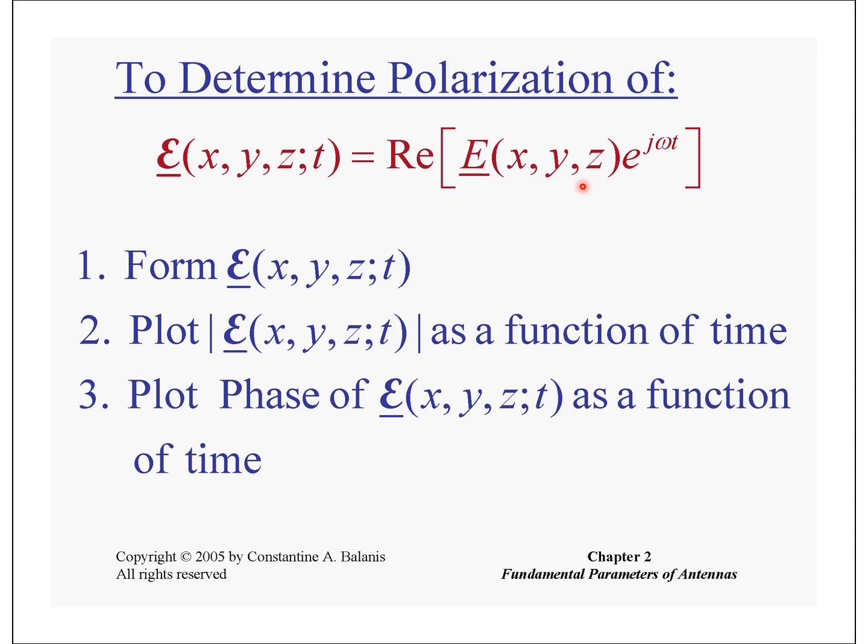If we multiply this phasor electric field with the time factor e^(jωt) and then take the real of it, we convert it into time harmonic form, or you also call it space and time domain format. So first of all we have to convert into E(x,y,z,t), time harmonic form. Then we plot the magnitude of that electric field as a function of time, and similarly in step number 2 we can also plot the phase of that electric field as a function of time.